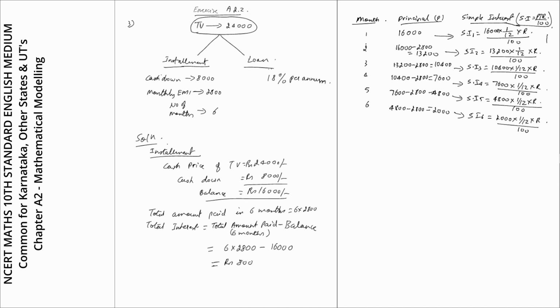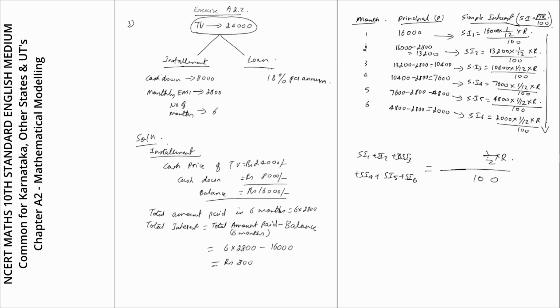Now if I sum up the last column, I'll get SI1 plus SI2 plus SI3 plus SI4 plus SI5 plus SI6. If I sum up all the interest on the right hand side, 1 by 12 into r by 100 is common.